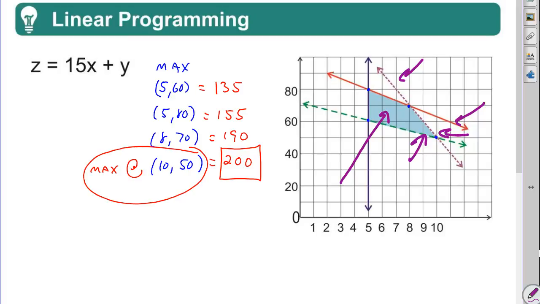We then, in that feasible region, want to look at the corner points. We get the coordinates of those corner points, put them into the objective function, and substituting those corner points into the objective function, we can then figure out the value. If we're looking for a max, we want the most value. If we're looking for a min, we want the least. Hey, that's linear programming.